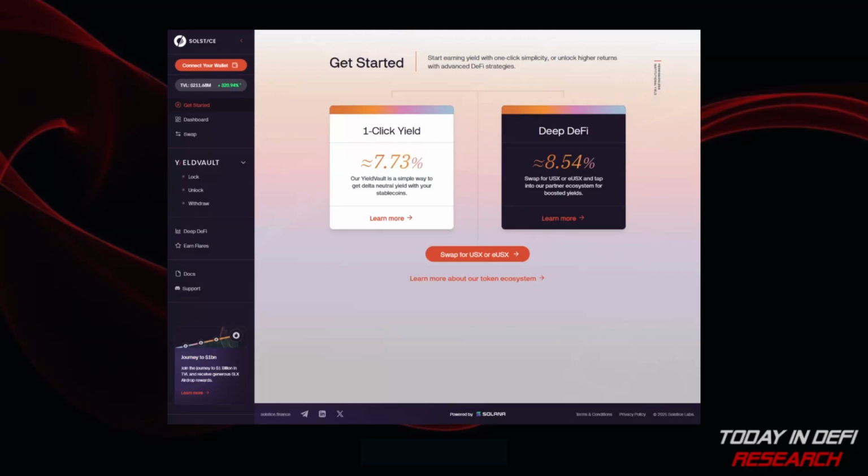Essentially, it's highly similar to, for example, Ethereum's USDE and Resolve's USR. The mechanism is very similar, and therefore you can see the yield is very similar to those peers.